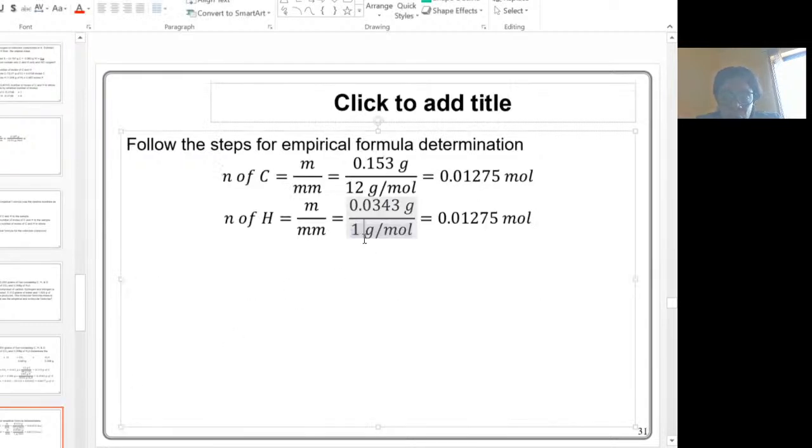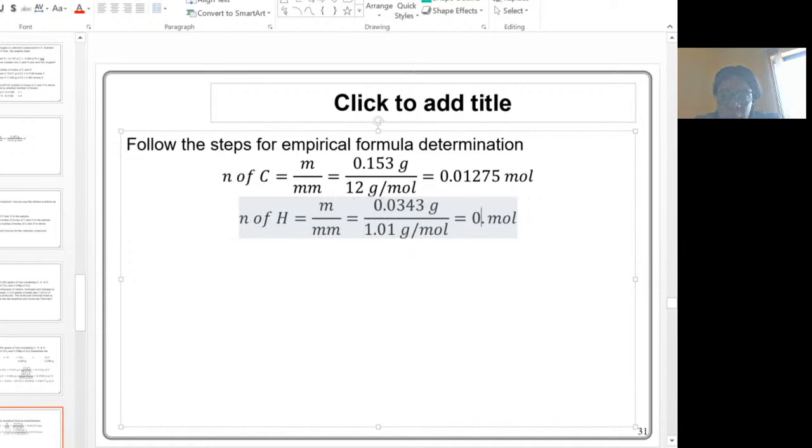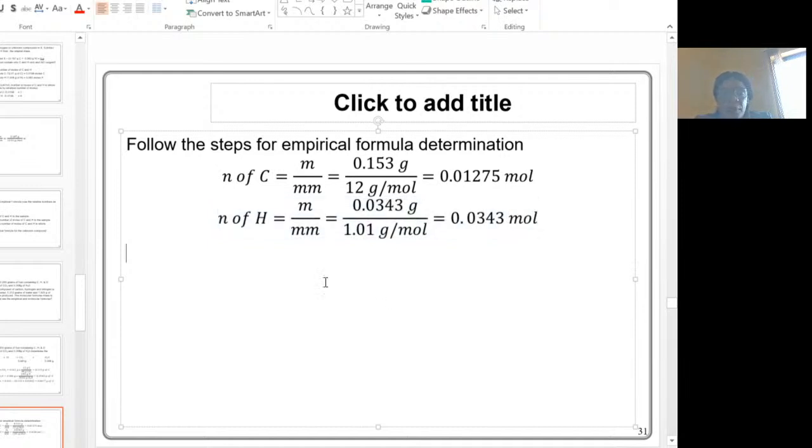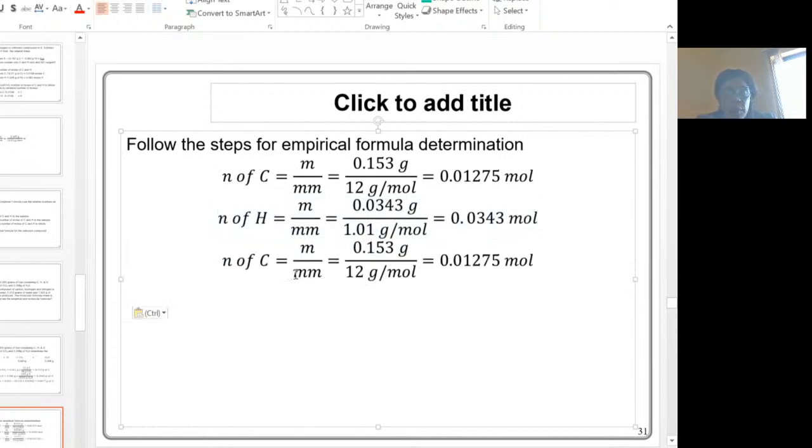So we put 1.01. Okay, so it will be 0.0343 over 1.01.